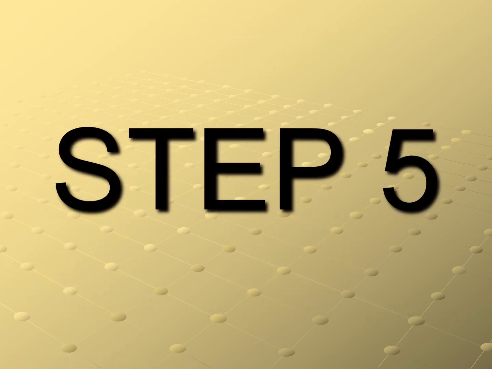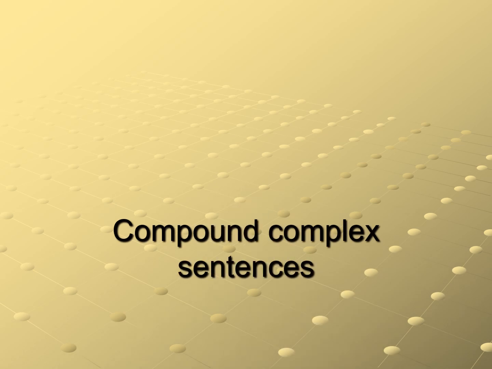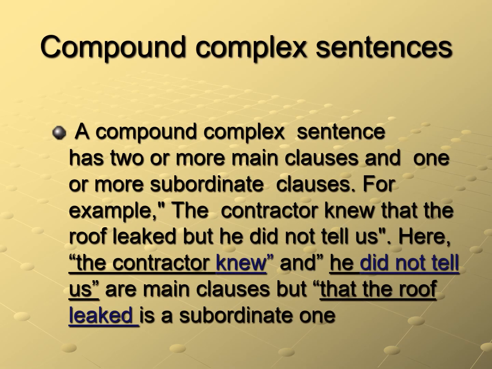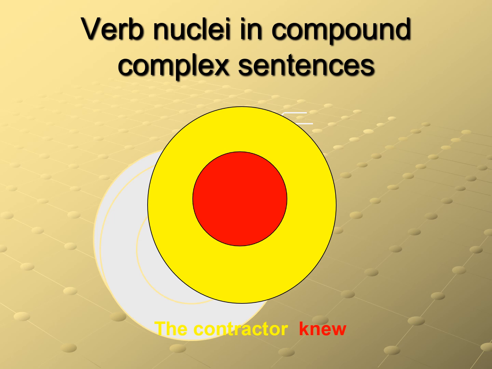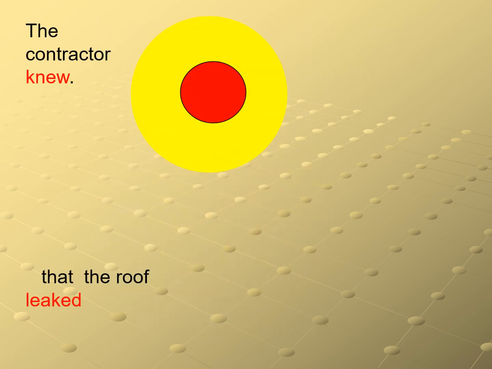Finally, we proceed to the final stage of English sentence formation, called compound complex sentences. In this formation, which is the most complex, we have two independent sentences with their own independent verb nuclei joined to a dependent clause, which is joined to one of the main sentences, but the dependent clause too has its own verb nucleus.